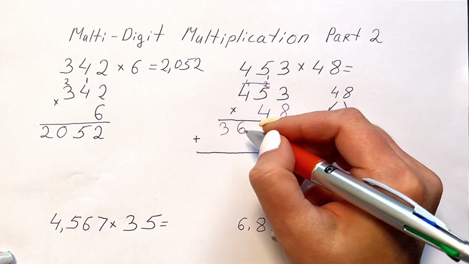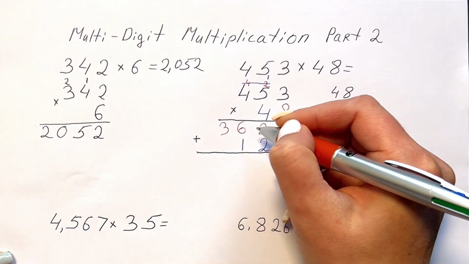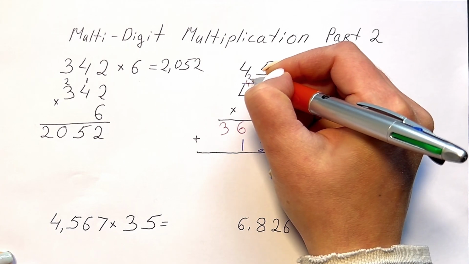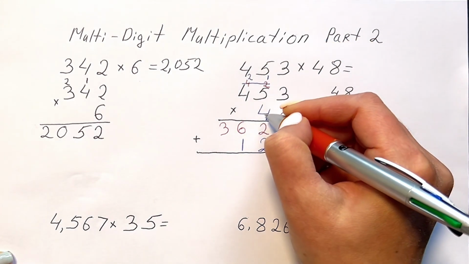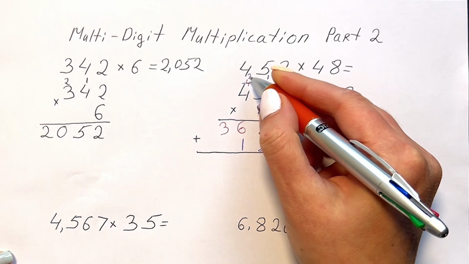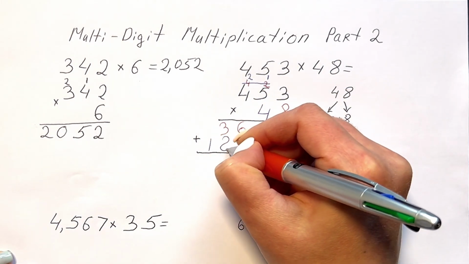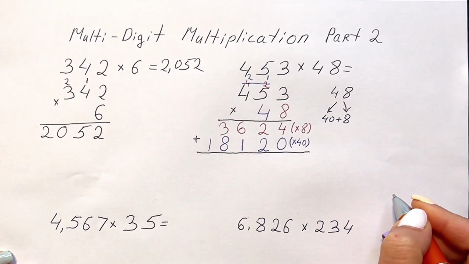One more will be 21. We will put the 1 and carry 2 on the top of the number that we're going to multiply next. 4 times 4 is 16. 2 more will be 18. Okay, we finished the second step.